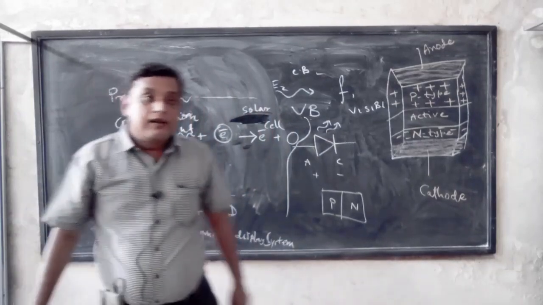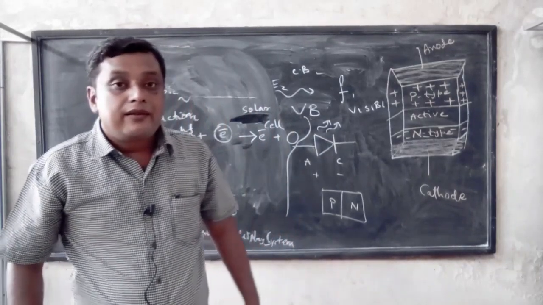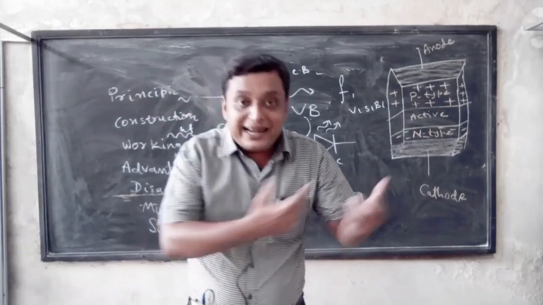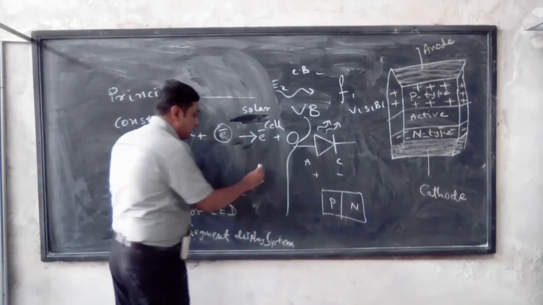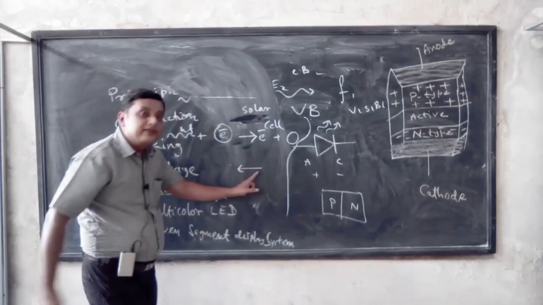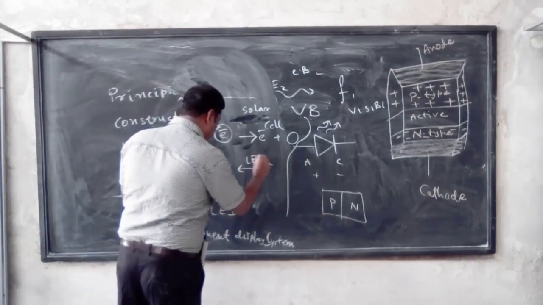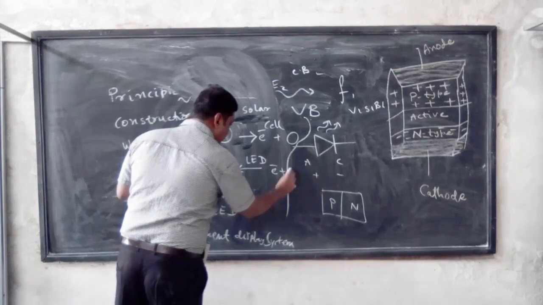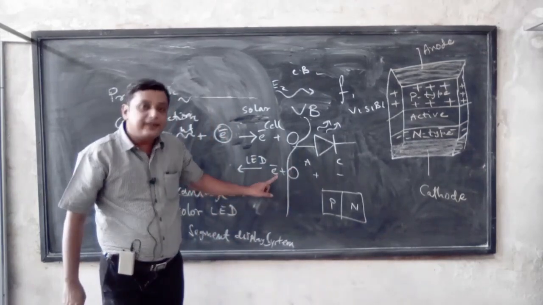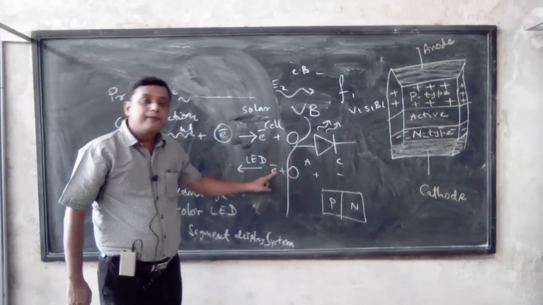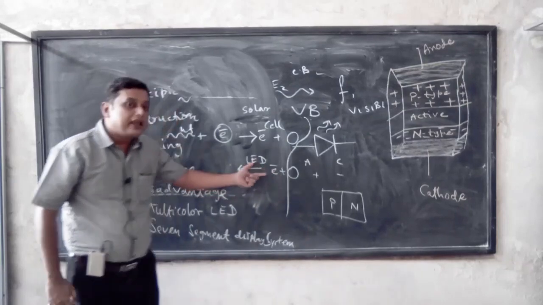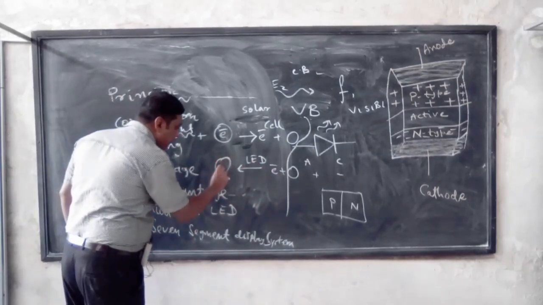Now, if I am applying electrical energy, meaning this arrow is towards the left side, I am applying electrical energy to the diode. Then what happens?